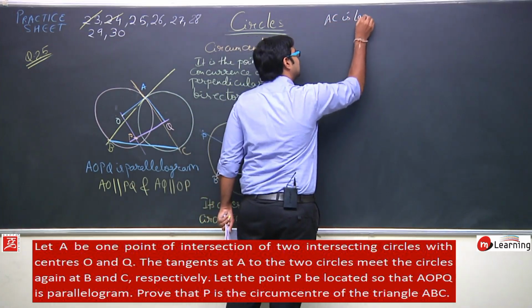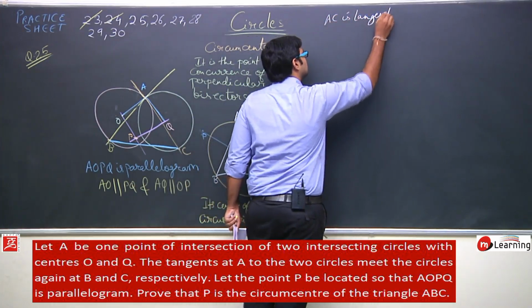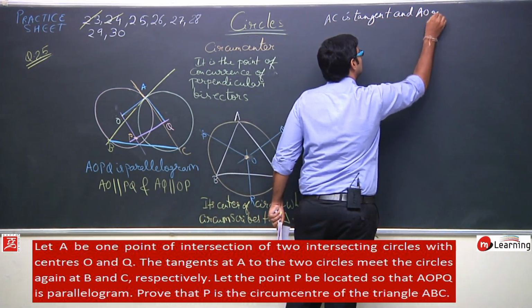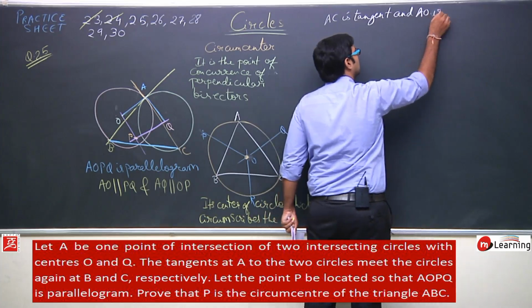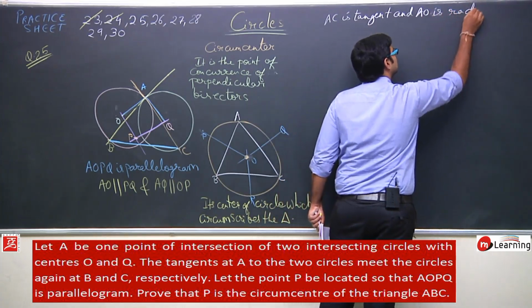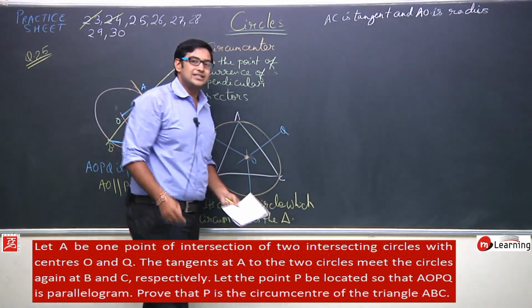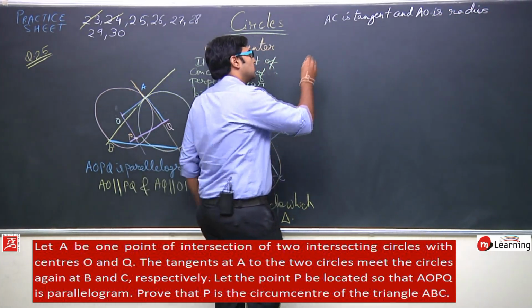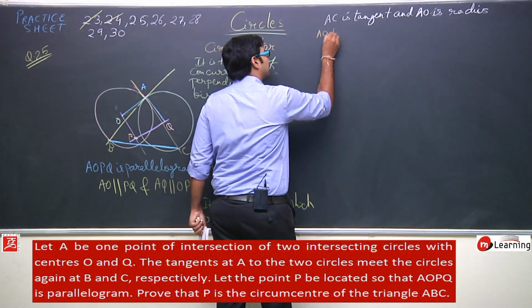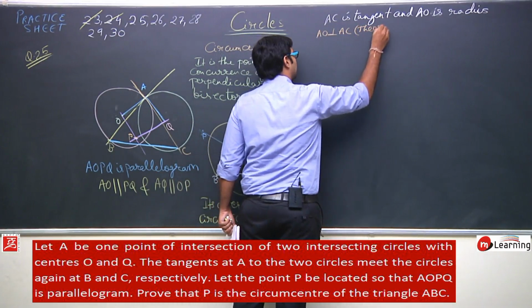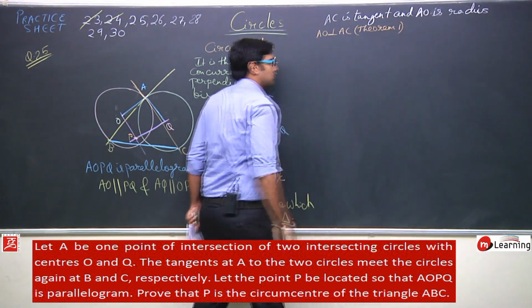AC is tangent, and AO is radius. If AC is tangent and AO is radius, I can write AO is perpendicular to AC by theorem 1.